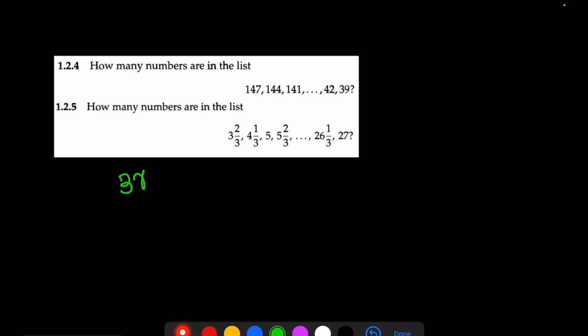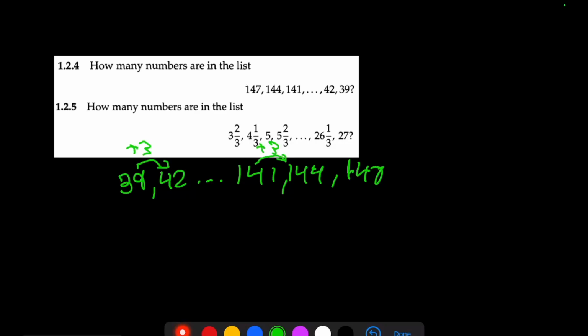So it'll be 39, 42, 141, 144, 147. So it's plus 3 from each term to the next one.